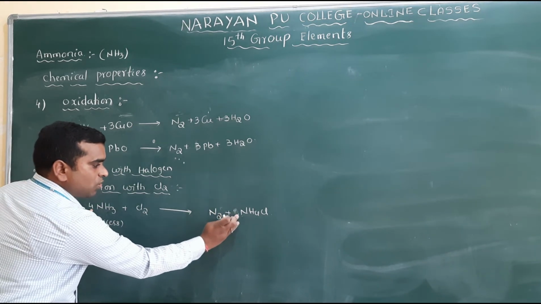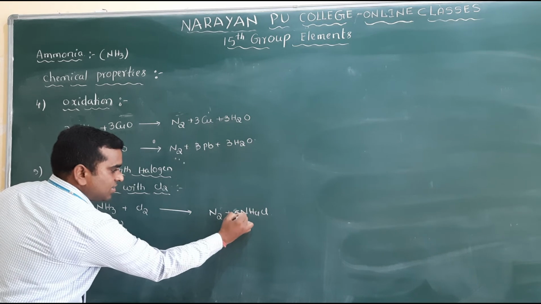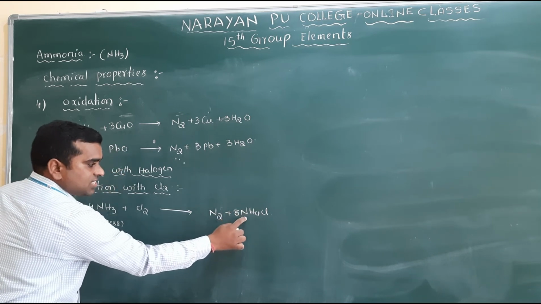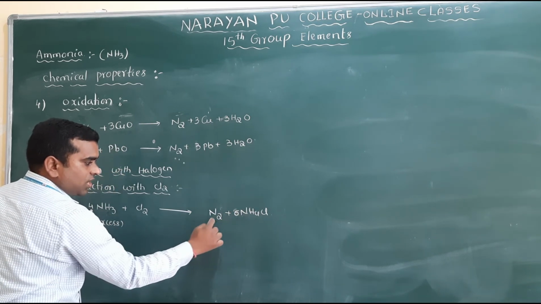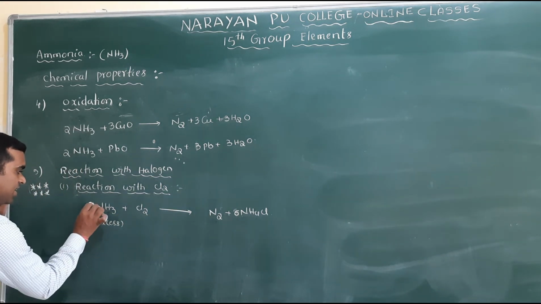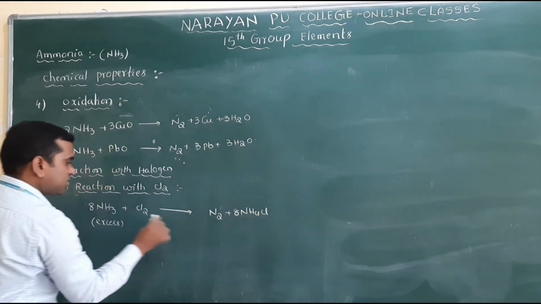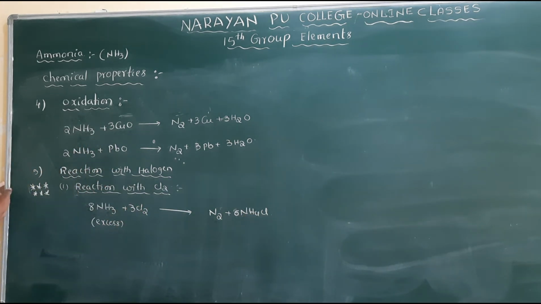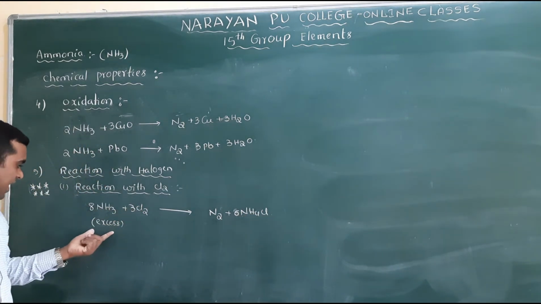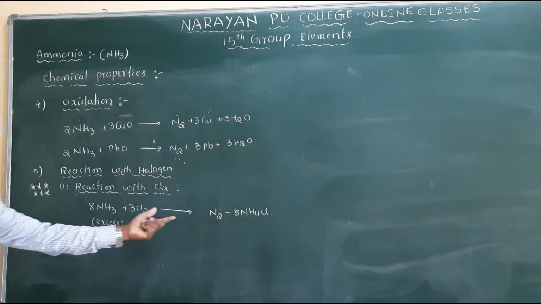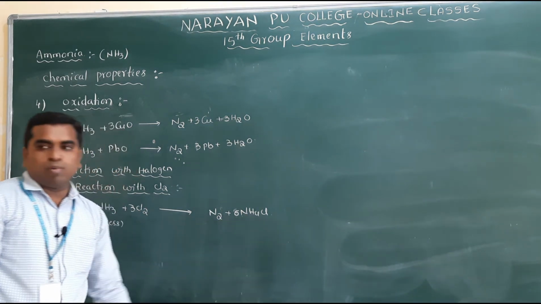I will multiply this one with the 2. Then I get 6 nitrogens and 2 nitrogens, total 8 nitrogens. 8 nitrogen means I will take here 8. Then how many chlorine atoms are there here? 6. 6 means here I have to take 3. This is clear? Whenever ammonia is in excess with the chlorine, you will get nitrogen gas and ammonium chloride.